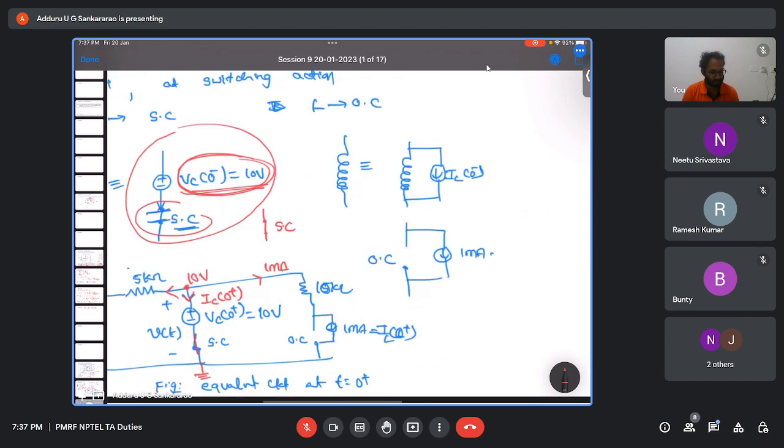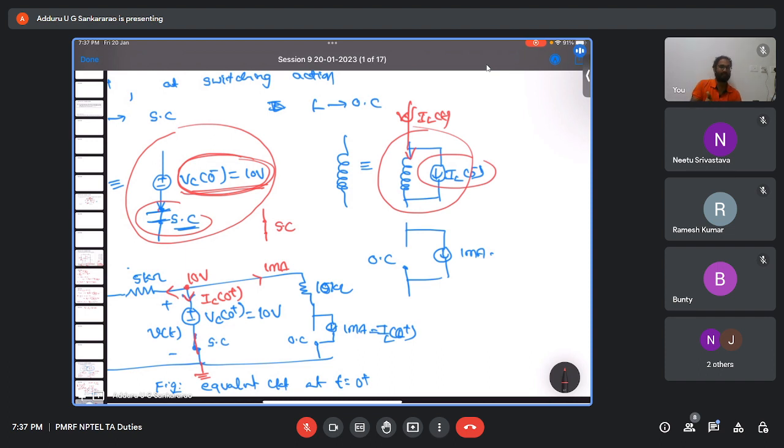Similarly, the inductor acts as an open circuit at the time of switching. There is a parallel current across it. Whatever current was flowing through the inductor just before switching, we will represent in the form of a parallel current source. The inductor current IL of t is the initial current plus the present current.